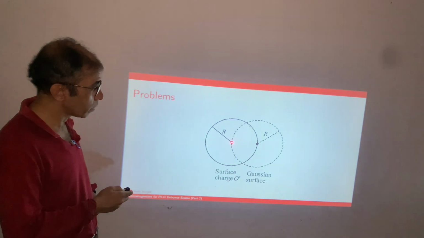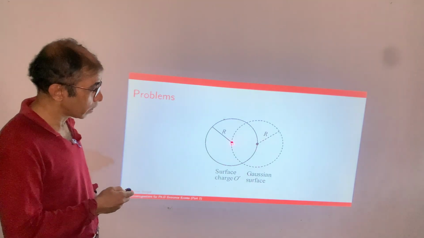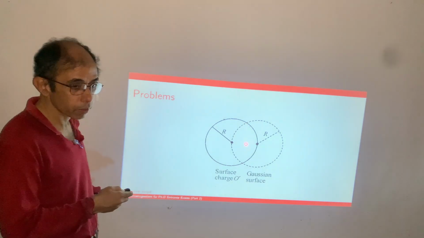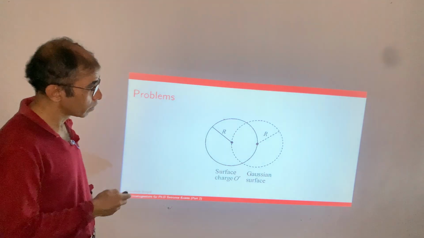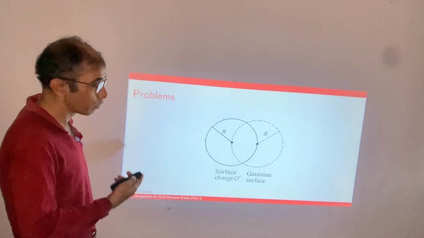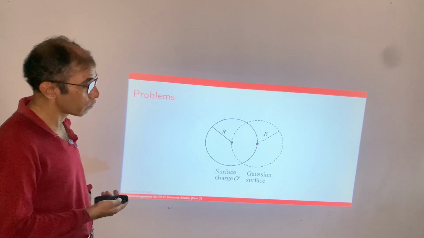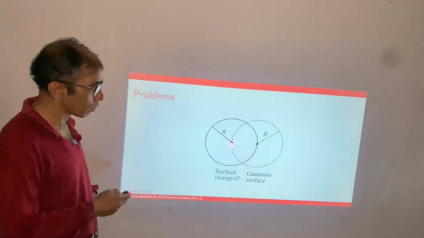This is my line joining the two centers, and if I draw a line from this point to this point, this angle will give me theta max. Convince yourself that this angle is 60 degrees. That's it. You will get the total surface area, from there you will get the charge, and from there you will get the total flux across this surface.